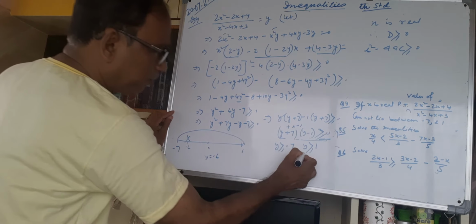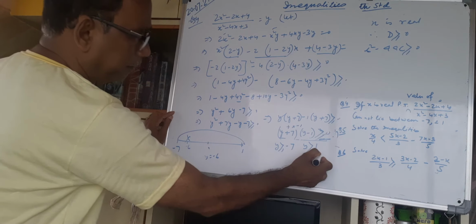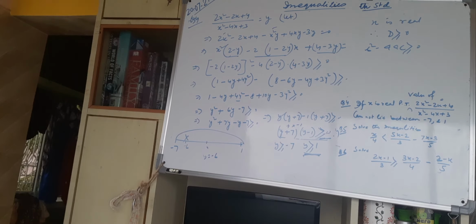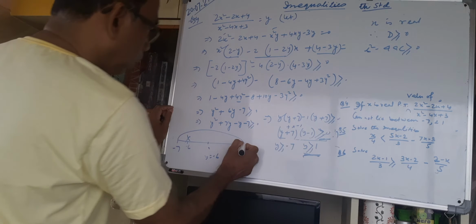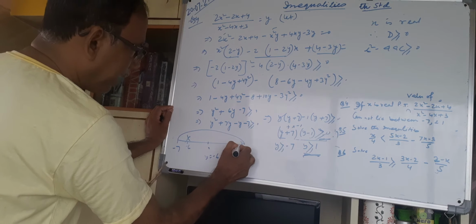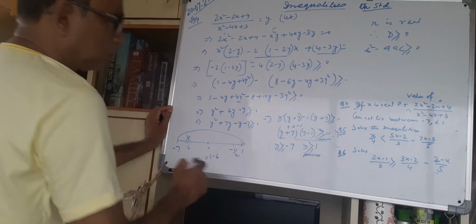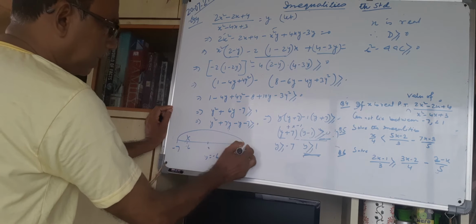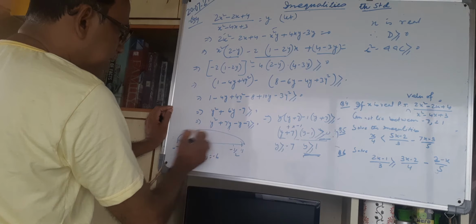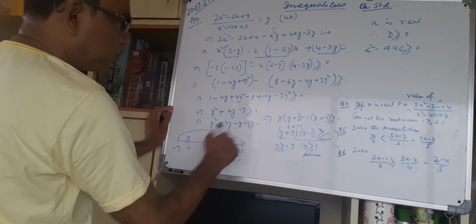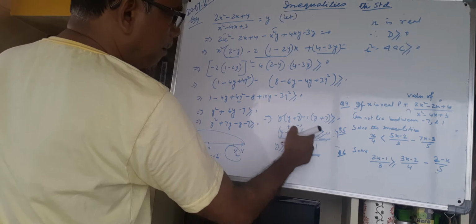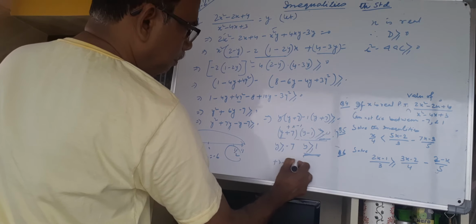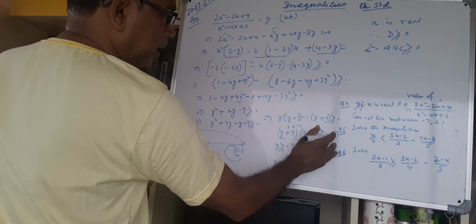And if y less than 1, within this interval, suppose y's value is half. Put it here. Half plus 7 is positive, half minus 1 is negative. So the product is negative, but it should be greater than 0.